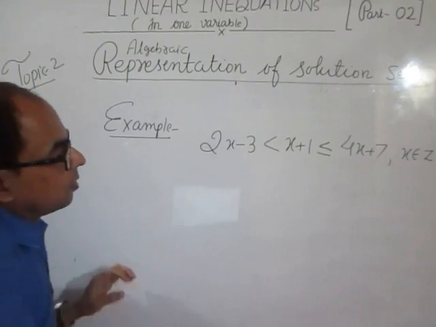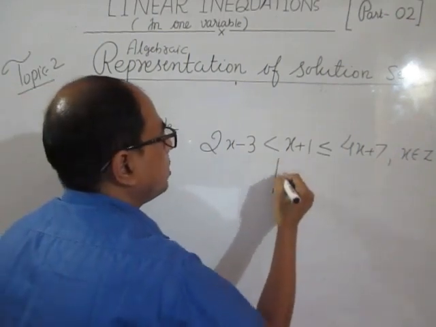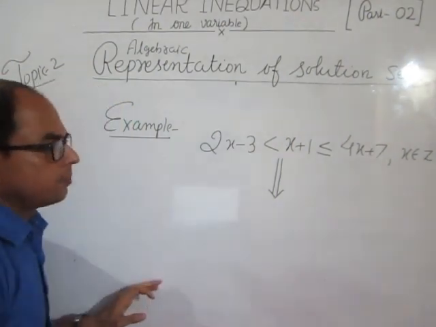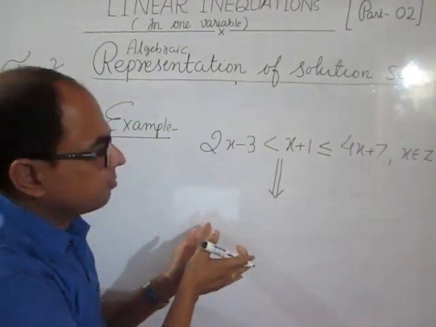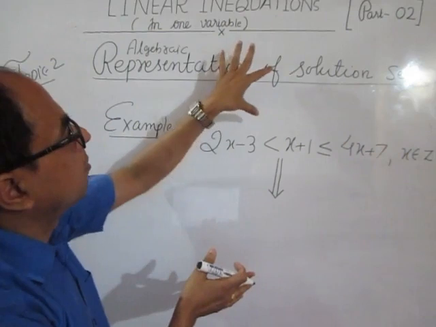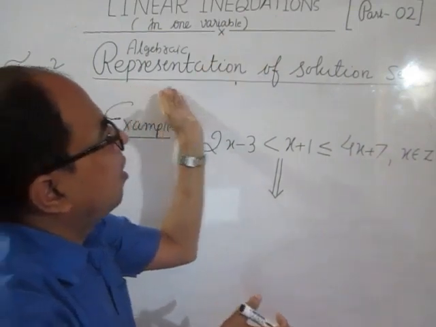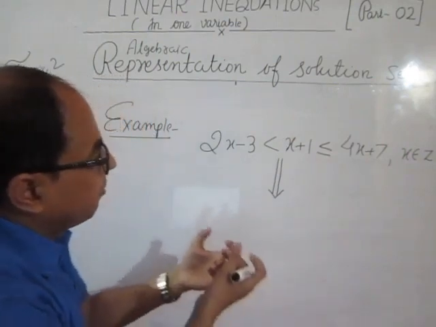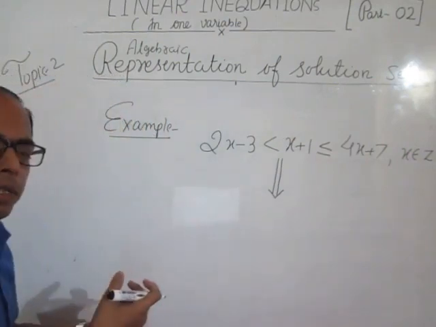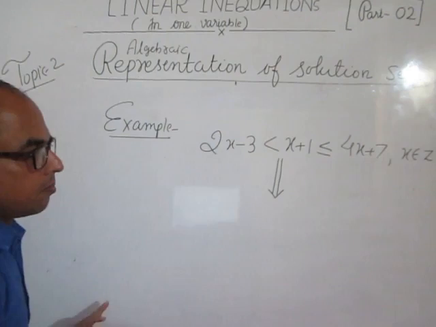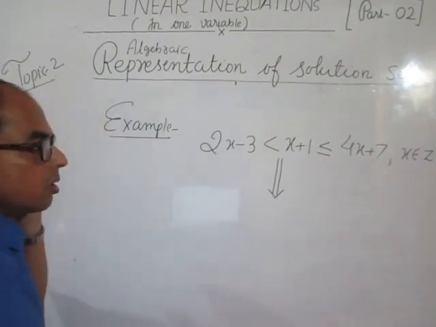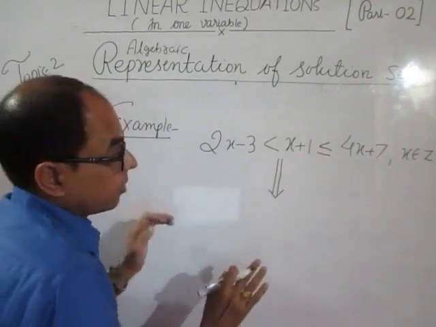Now after solving this inequation, how I am getting the answer is not important in this part. Here our main target is how can we represent the solution set. Clear? What are the methods to find the solution set, that we will discuss in the next part. So don't worry about the solution, just write the solution.